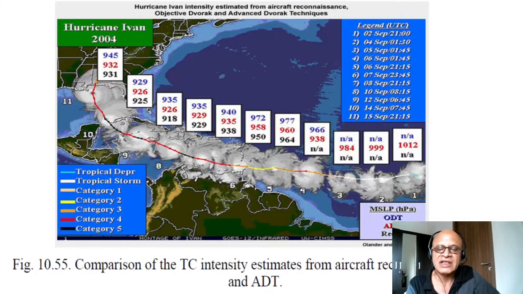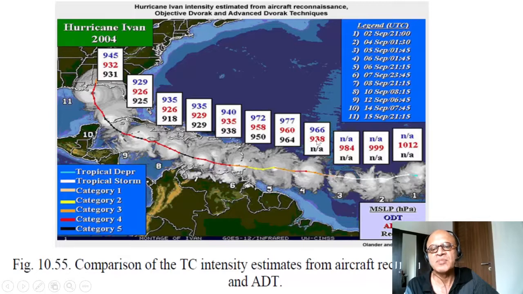The Dvorak method has been updated. Now this is the advanced Dvorak technique compared to the older objective Dvorak technique for Hurricane Ivan 2004. So here are the various days and times, and the blue numbers are the objective Dvorak technique, and the red numbers are the advanced Dvorak technique, and there are recon numbers listed as well.